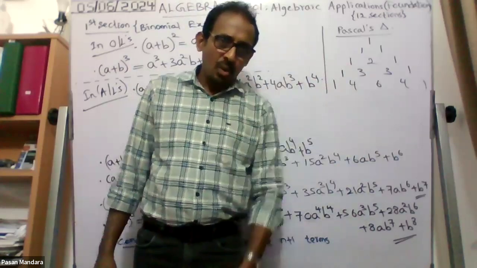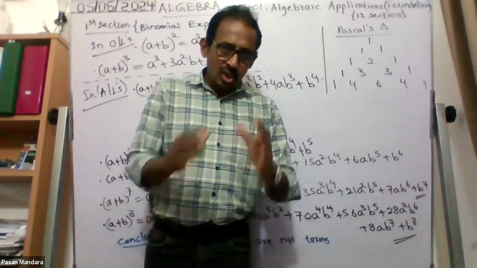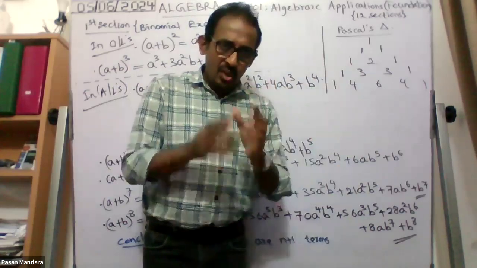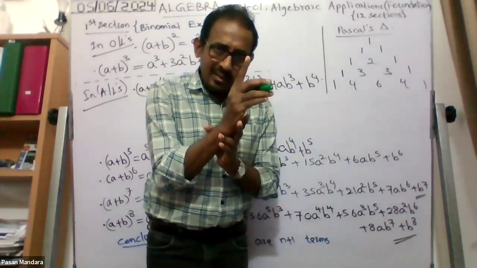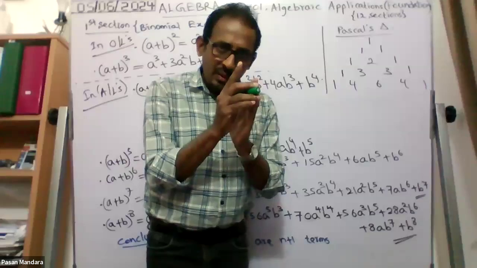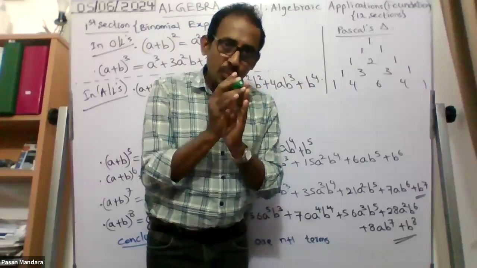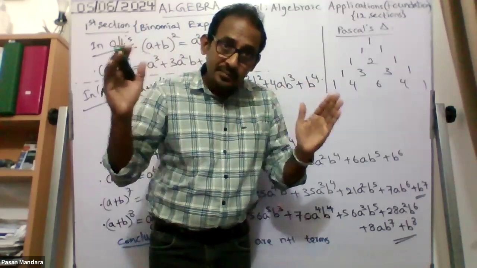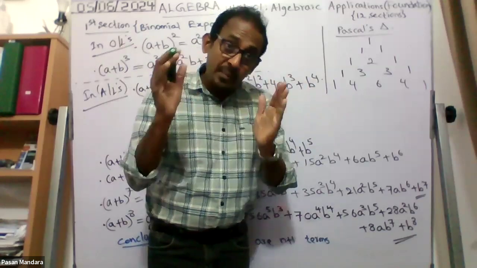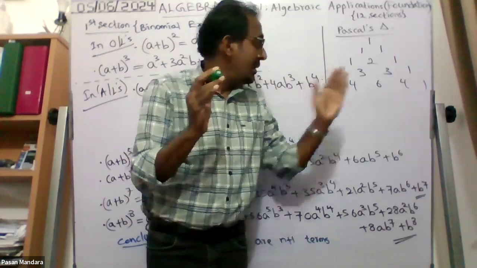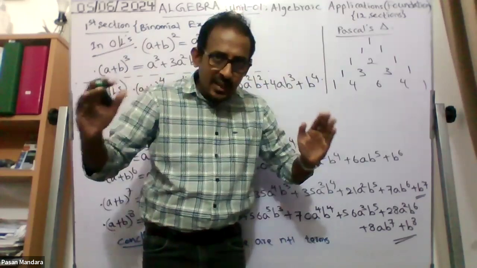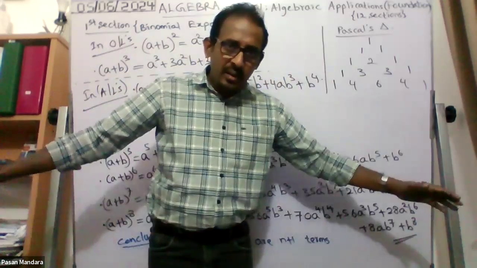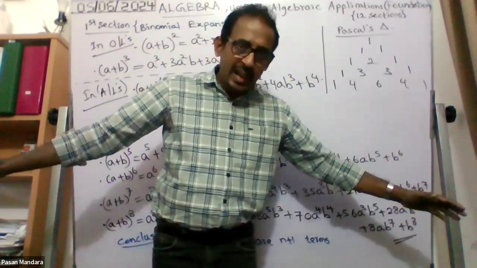But when I'm asking you to copy Pascal's triangle, take a new page, students, or half a page is enough. Put a 1 in the very middle. Then without taking big gaps, put the next line 1 and 1, because it will expand in this manner. Without very big gaps, small gaps, then the next line, 1 to 1. I have space only up to this, but you are taking up to power 10.